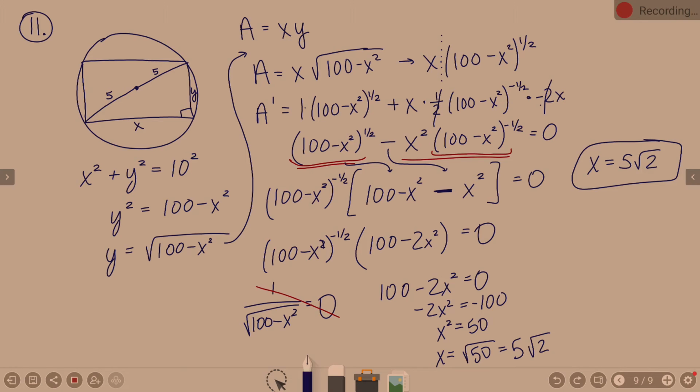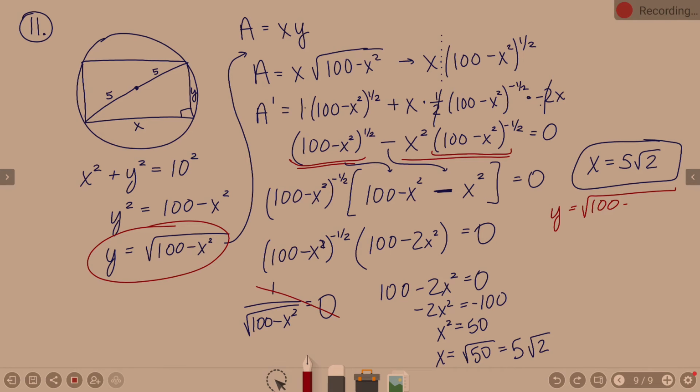Now, I'm going back to read the question. Find the dimensions that will maximize the area. My dimensions are x and y. Here's x. How can I find y? I would go back in right here. y is the square root of 100 minus x squared.